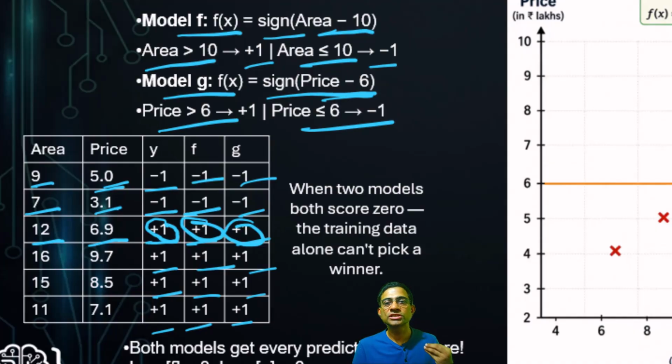But if you see what we started with, the premise, models are just a replication of the actual world. An actual world has so many different parameters and criteria to decide on this. So if two models are exactly giving you the right answers with a very small data set, that means we are completely incorrect.